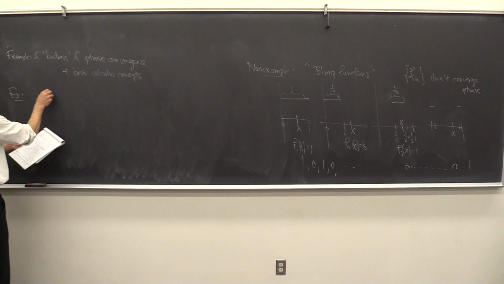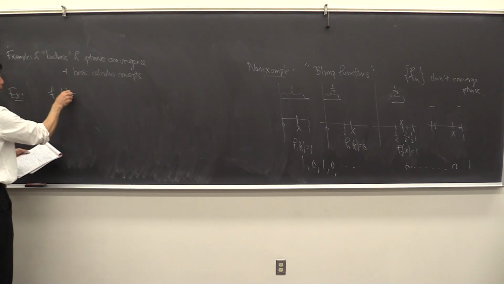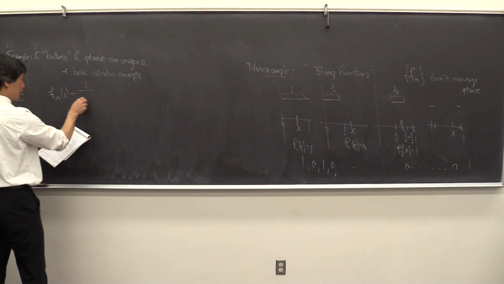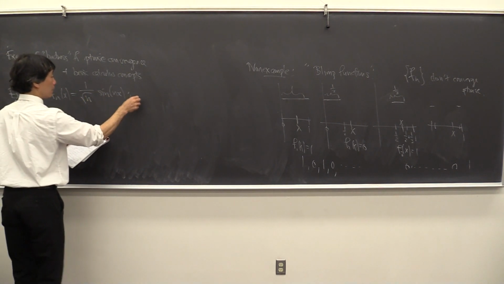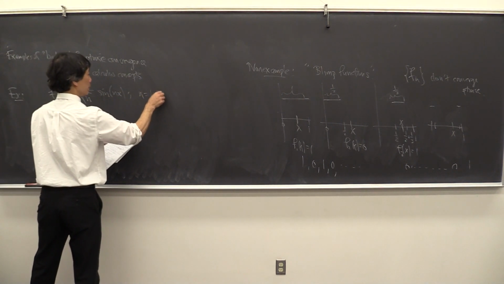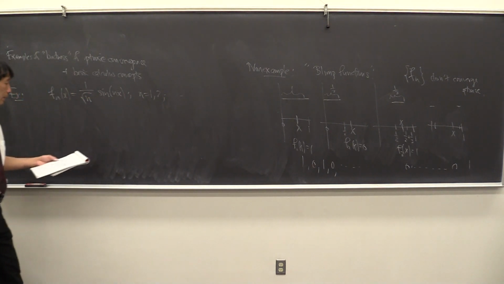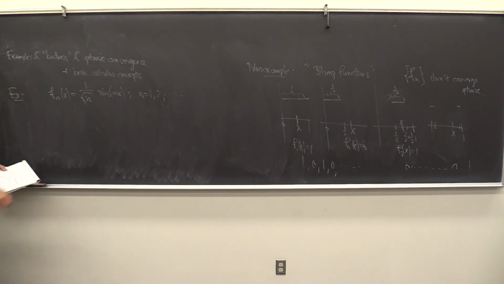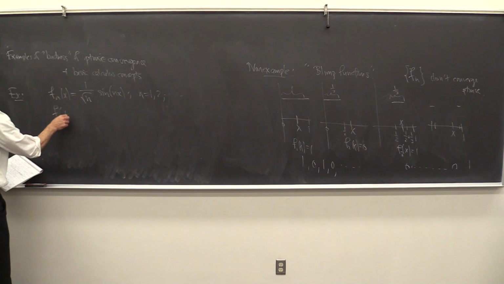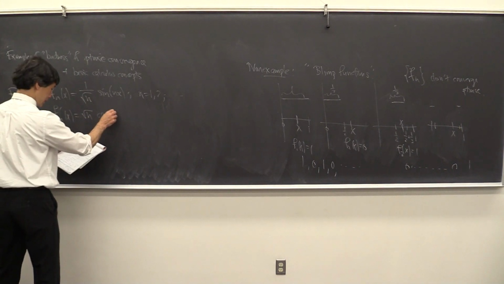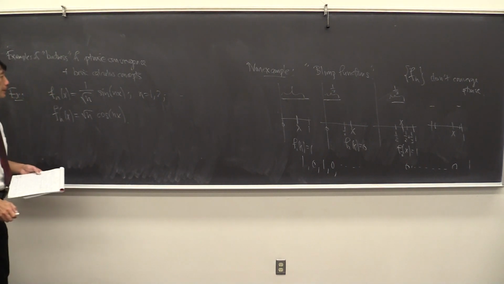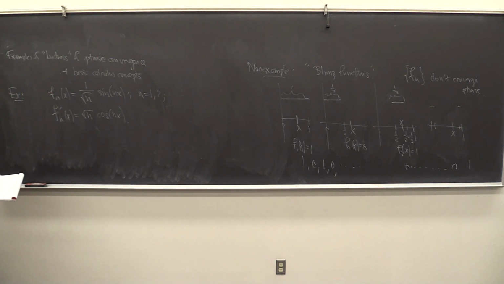He says, consider this function: f sub n of x is 1 over the square root of n times sine of n x, n being 1, 2, 3, etc. If you differentiate that, you get the square root of n times cosine of n x.